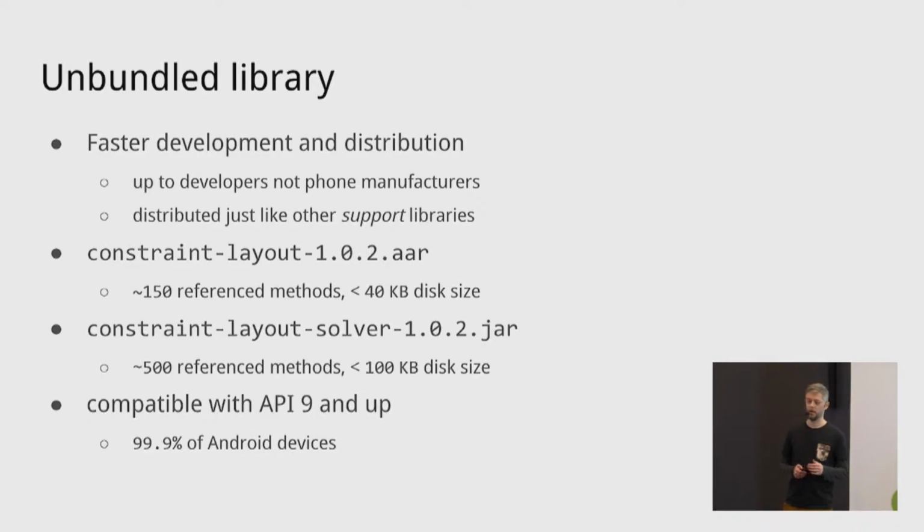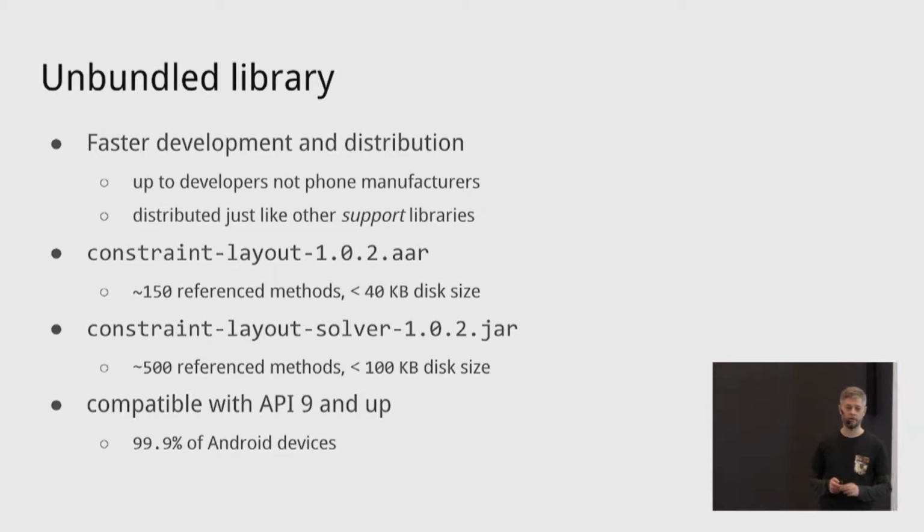Okay, so let's look at the unbundled library thing. The Google support library showed us that it's possible. We don't have to push stuff into Android and then wait for manufacturers to push Android updates onto our devices. Google can quickly iterate and update libraries outside of the Android framework lifecycle. And in this case, this library is super small. Actually, there are two libraries.